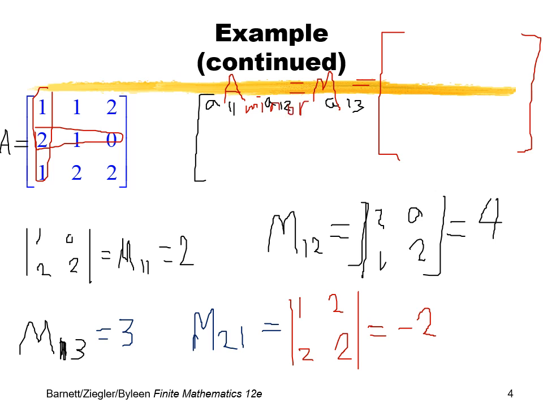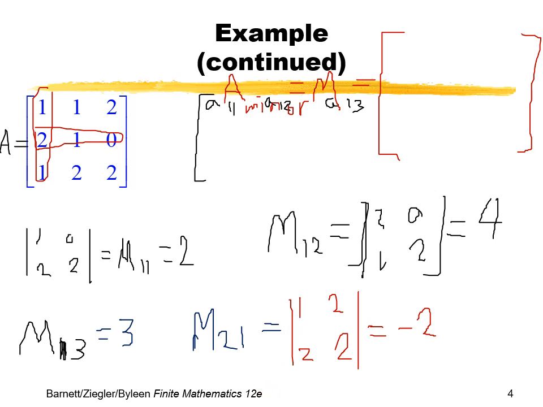We have, as we said, 9 elements, which are M11, M12, M13, M21, 22, 23, and so on.